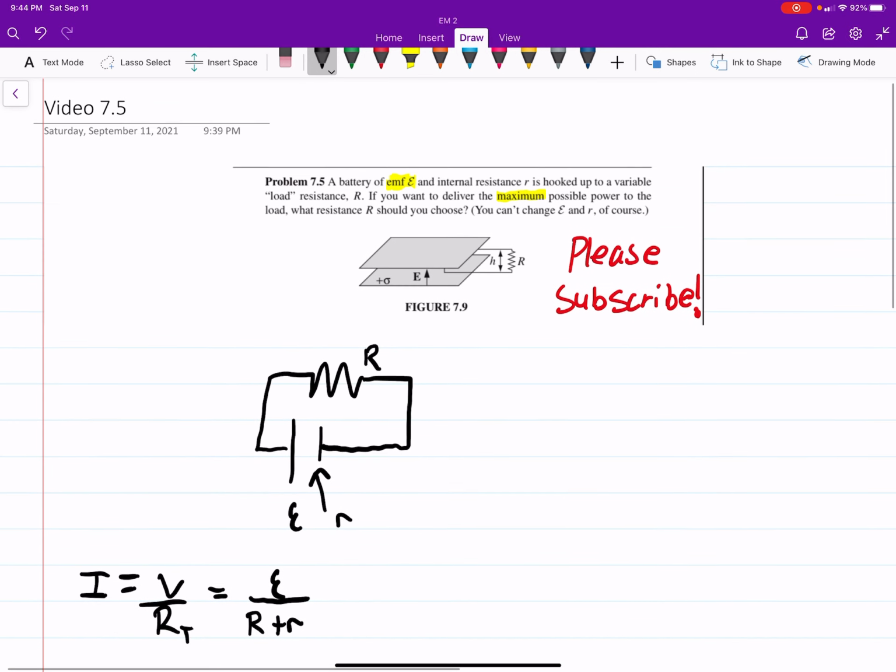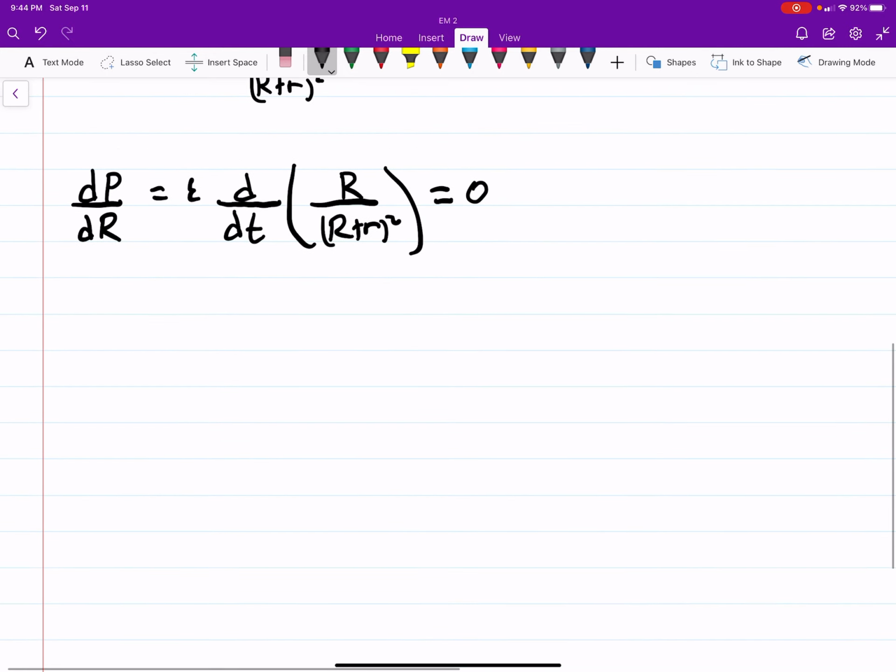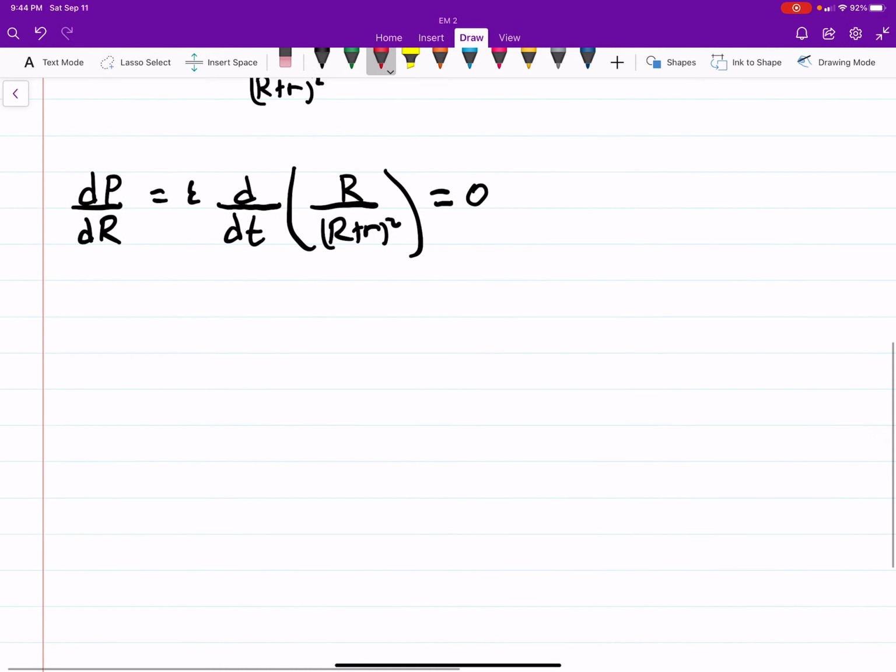Now in the question it mentions you can't change the EMF or little r, of course. So the only thing that's variable here, it mentions it up here, is a variable load resistance R. That's what we're taking our differential with respect to. And we set it equal to 0 to find a maximum, so this can just be moved over. That should have been squared, but again, it doesn't matter because it's just being moved over.